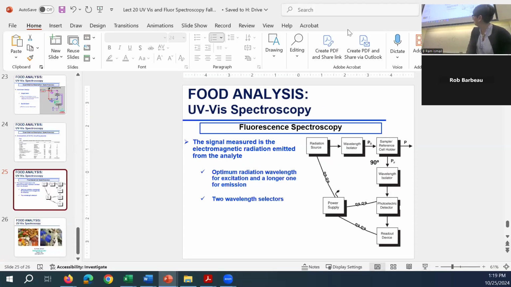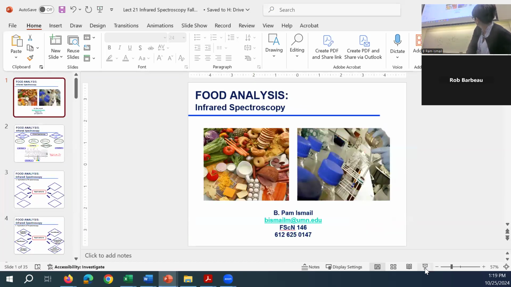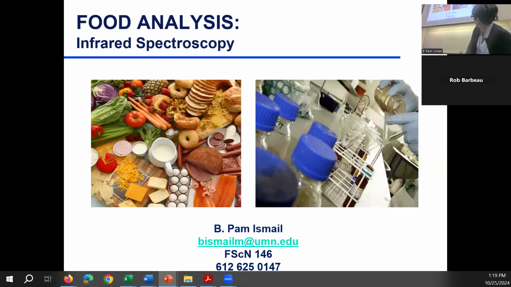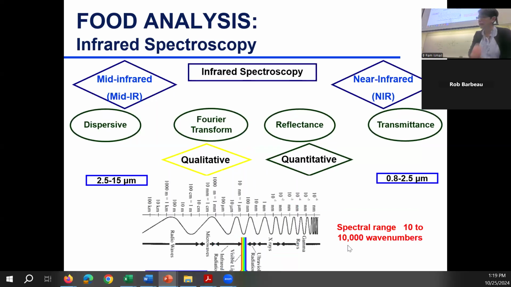Okay, we're good. Now we can go to infrared. It might be a little bit crowded, so let me break it down for you. Infrared is right in this region. This is the red visible light, so infra to the red, and the wavelengths are longer in that region.